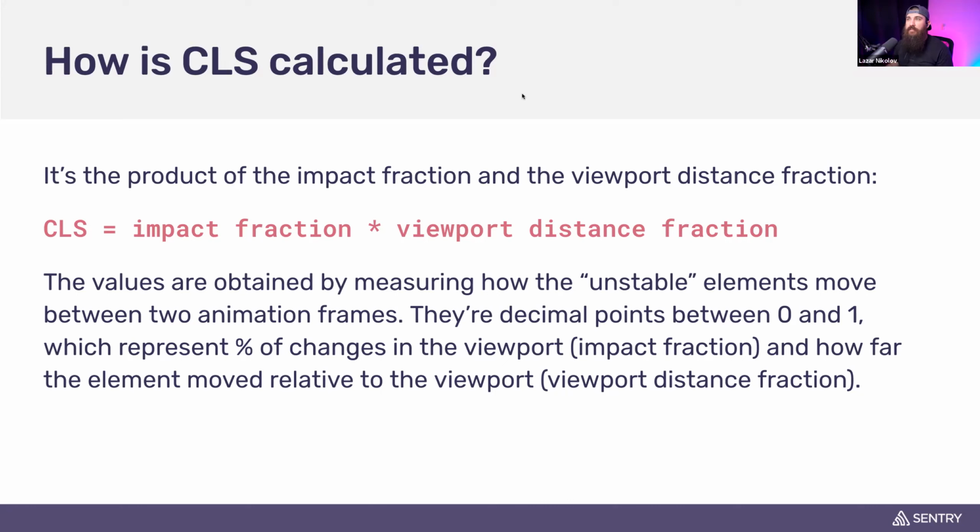So for example, if the header at the top, the title, if that part got pushed down to the center of the screen, that's like 50% of the viewport, right? Because it moved half of the screen down. So it's going to be 0.5 times the distance that the unstable elements have traveled. And that is the viewport distance fraction. I guess in this case would be 0.5 again. And that's how CLS is being calculated.